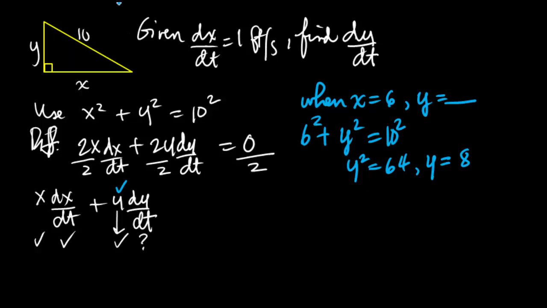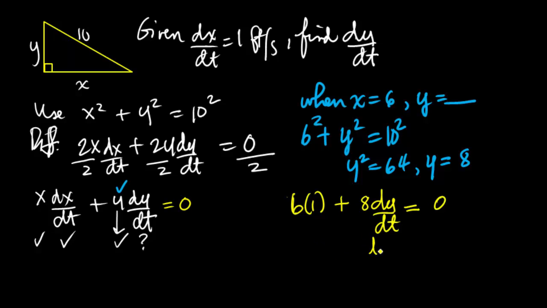So now it's time to substitute. 6 times 1 foot per second plus 8 times dy by dt, equal to 0. All I did was substitute everything.